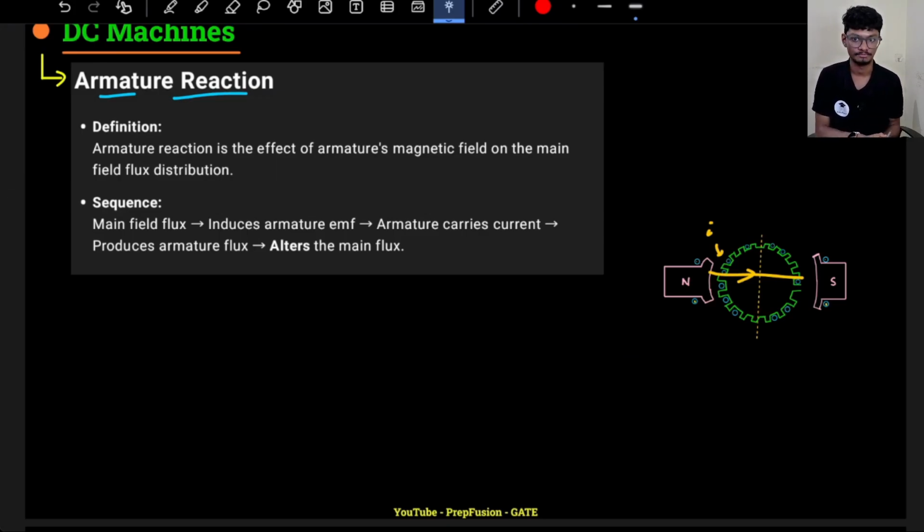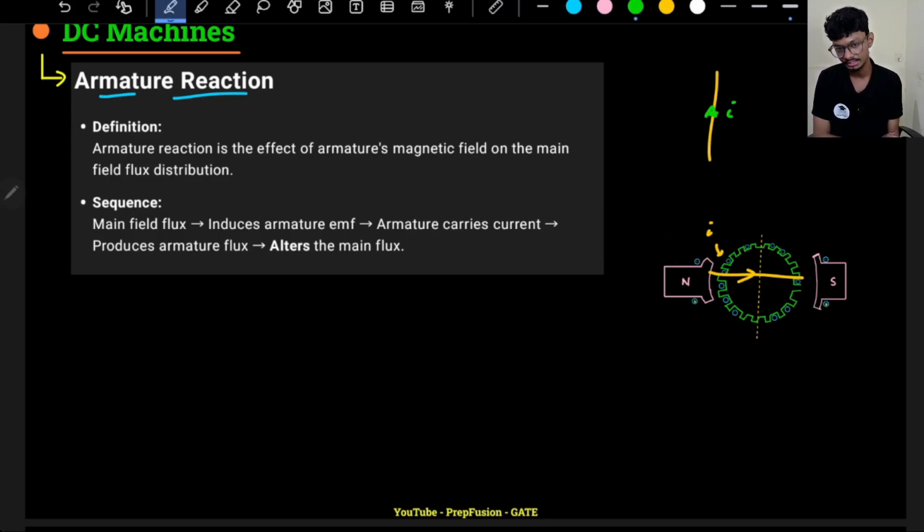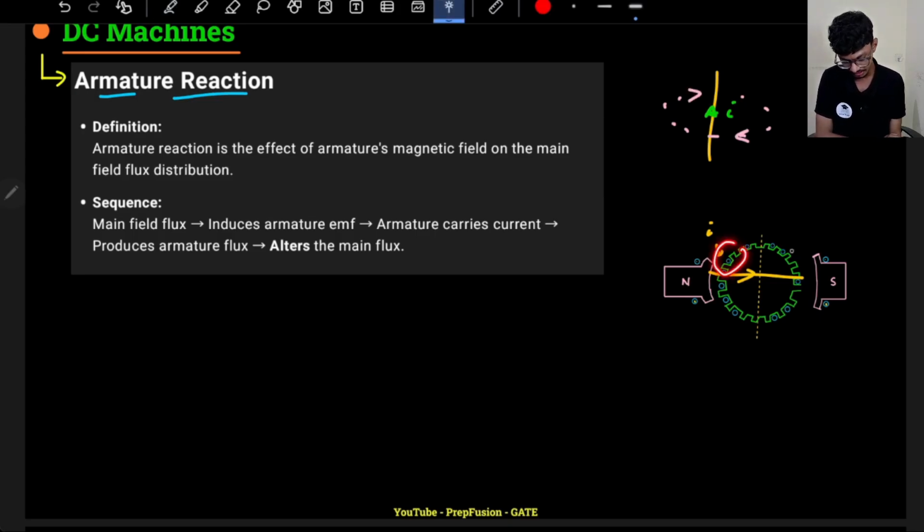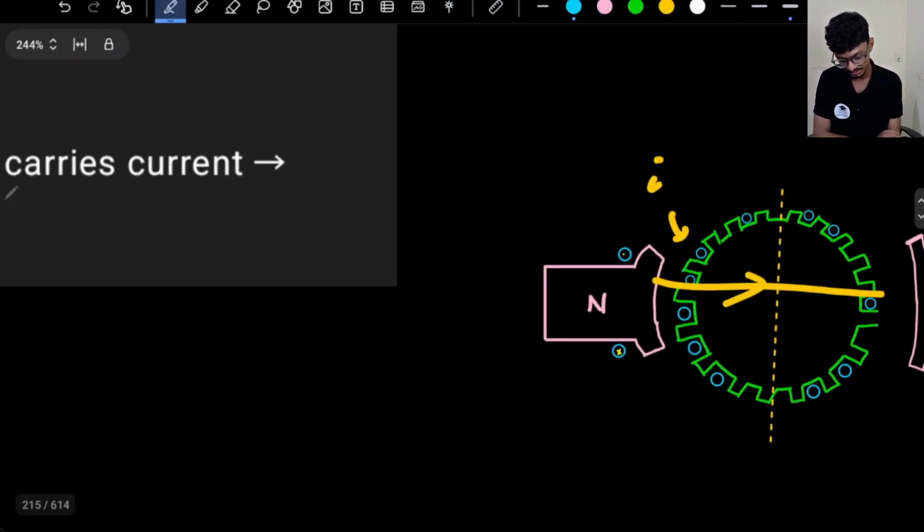Now there is a problem. If there is current flowing through the coils, what do you know? If I have a current carrying conductor, I know that current carrying conductor will have a magnetic field around it. So if I have a current carrying conductor here, it will have its own magnetic field.